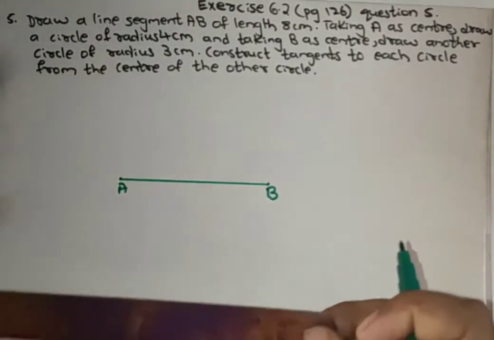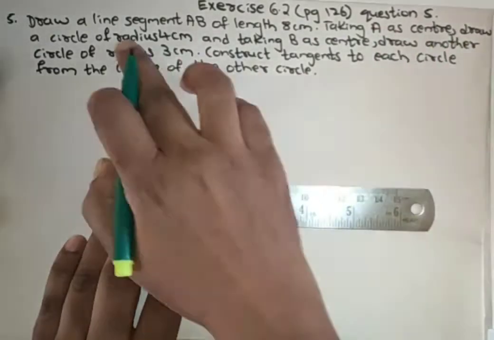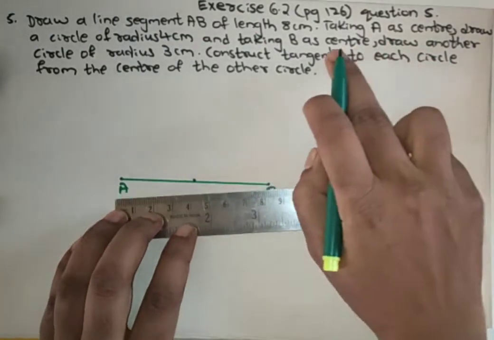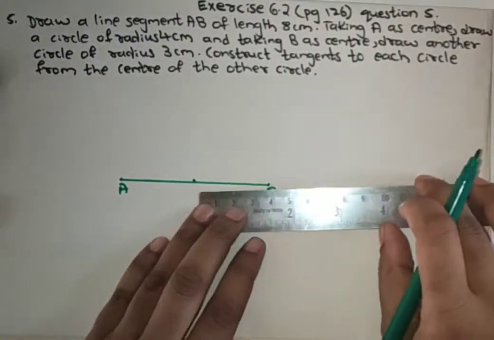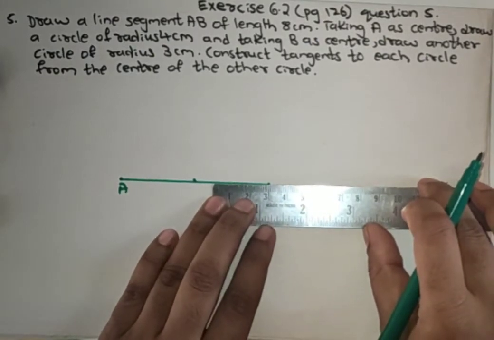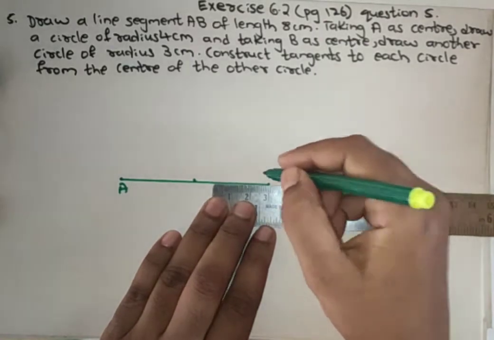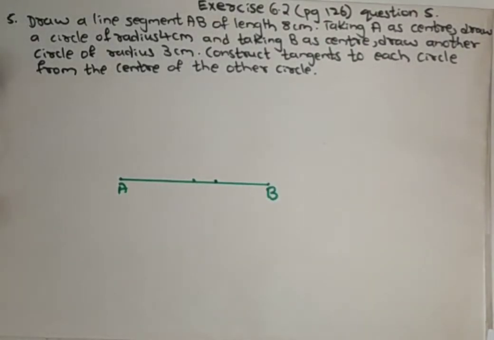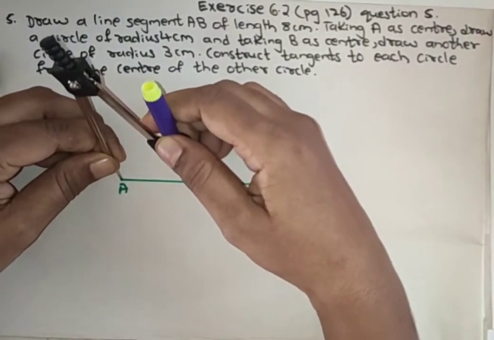From A we should draw the circle of radius 4 cm, with A as center. Now with B as center, we should draw a circle of 3 cm. We will draw the circle here.